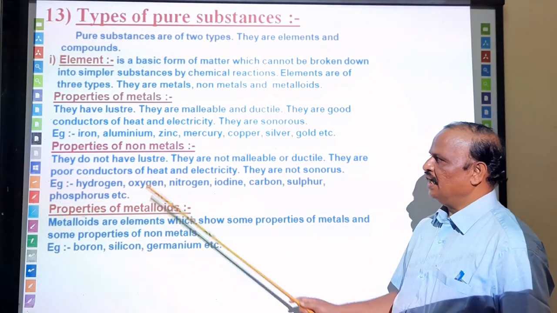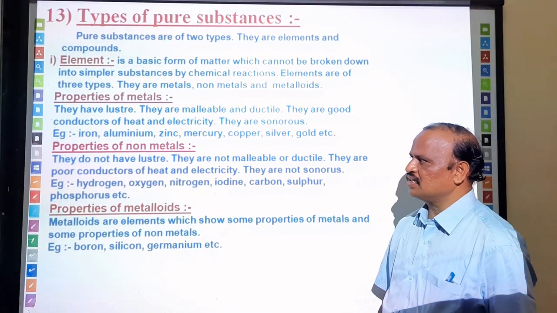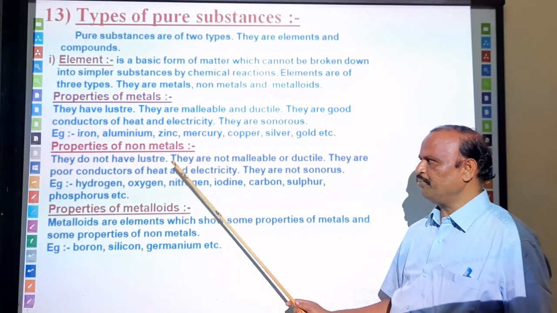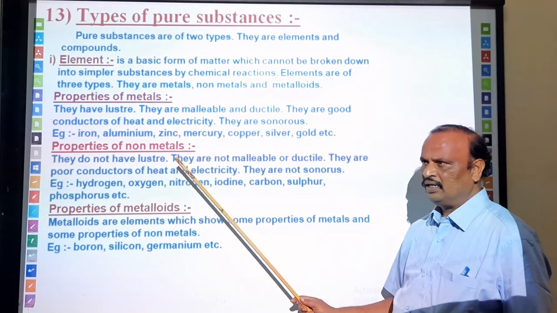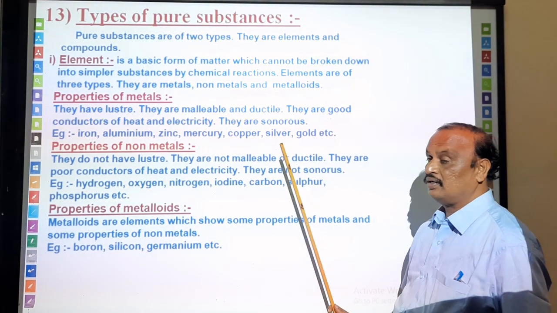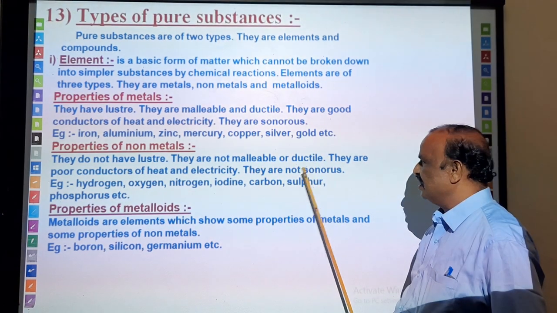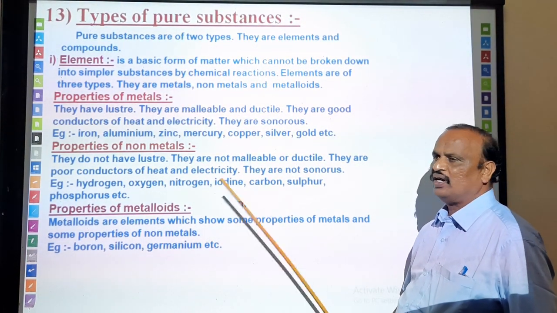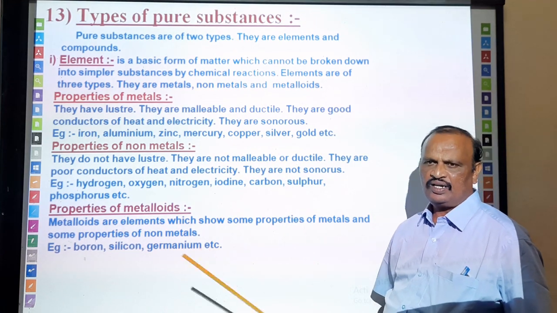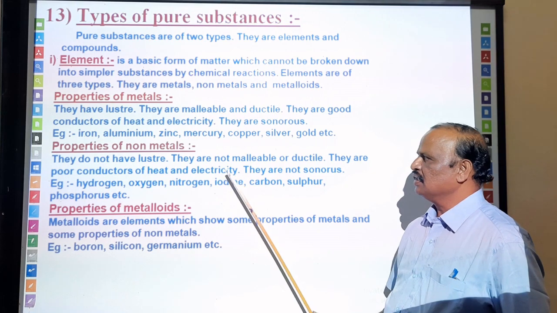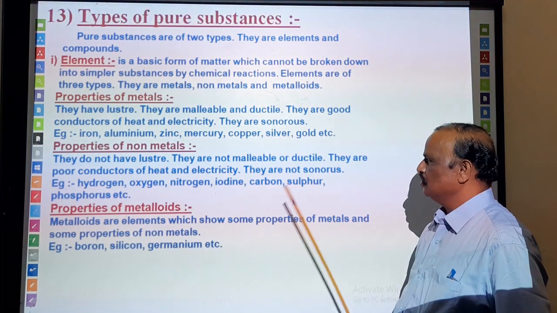Non-metals do not exhibit luster, except diamond, which has extraordinary brilliance. They are not malleable, not ductile, and not sonorous. They do not conduct heat and electricity, with some exceptions like graphite, made up of carbon only, which conducts electricity.